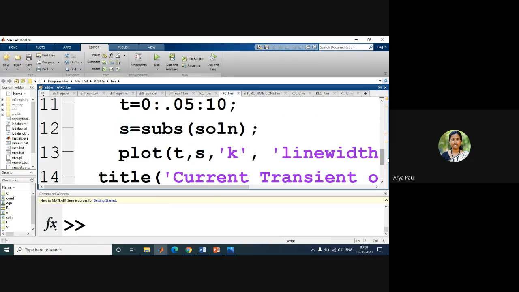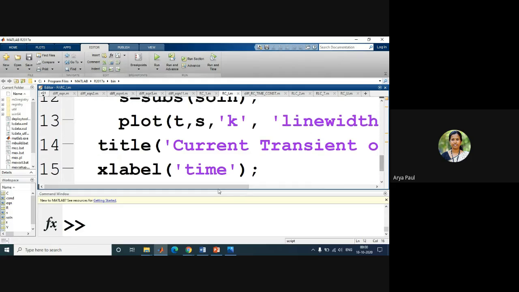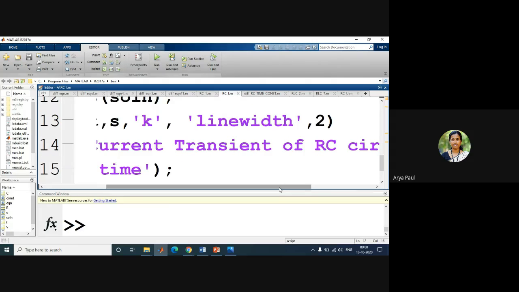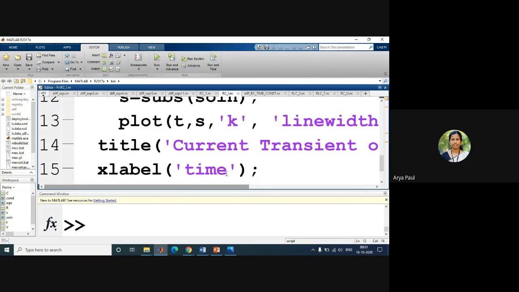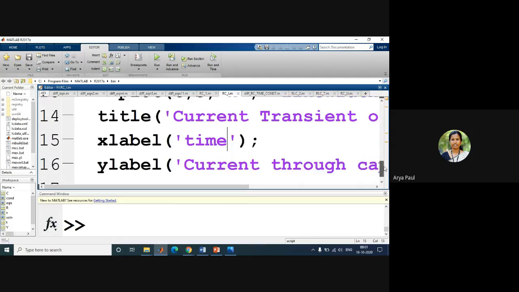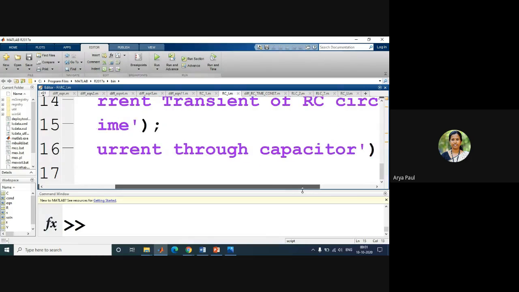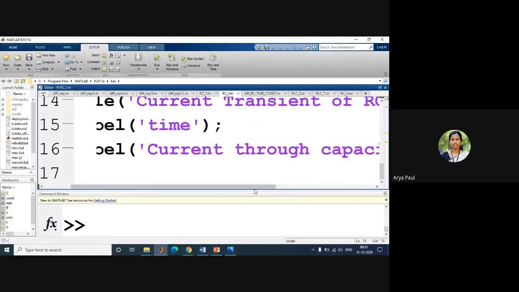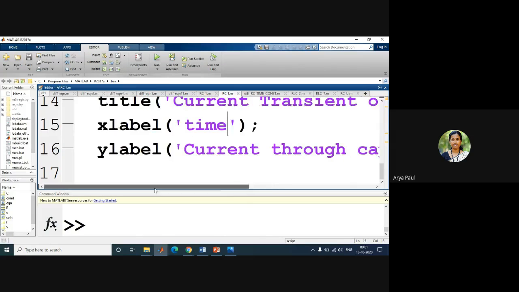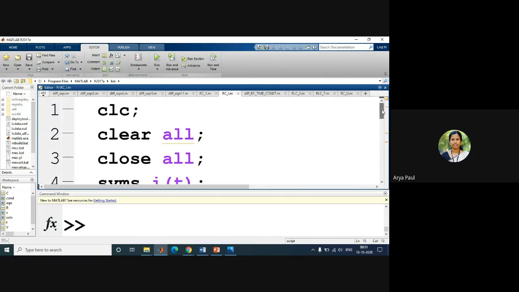Now the title. What is the title of the figure? Current transient of RC circuit. X label is time, and the Y label is current through the capacitor, or current through the circuit. I hope this is clear. Let us now analyze the output.